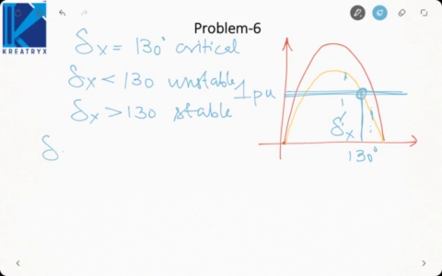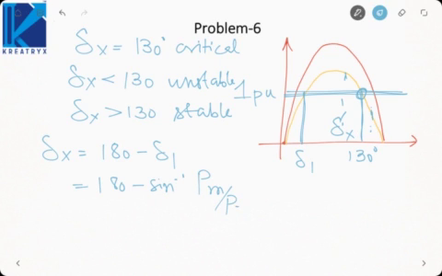Now, delta X we know in this case will be 180 minus this angle, or 180 minus sine inverse Pm by Pmax2.